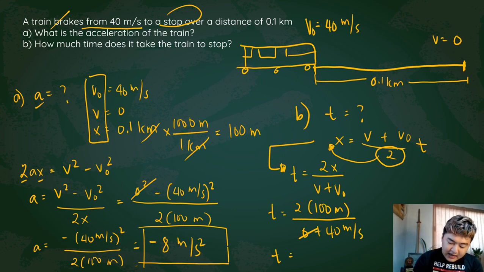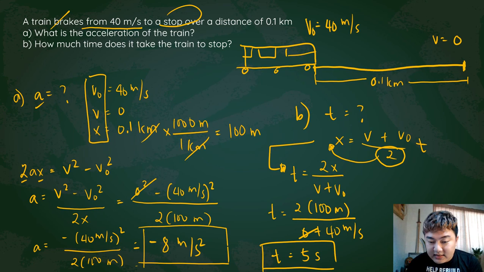So you have 2 times 100 divided by 40. And that means that the time is 5 seconds. So the time that it took the train to stop from 40 meters per second with an acceleration of negative 9.8 meters per second squared is 5 seconds. So that's for our problem.